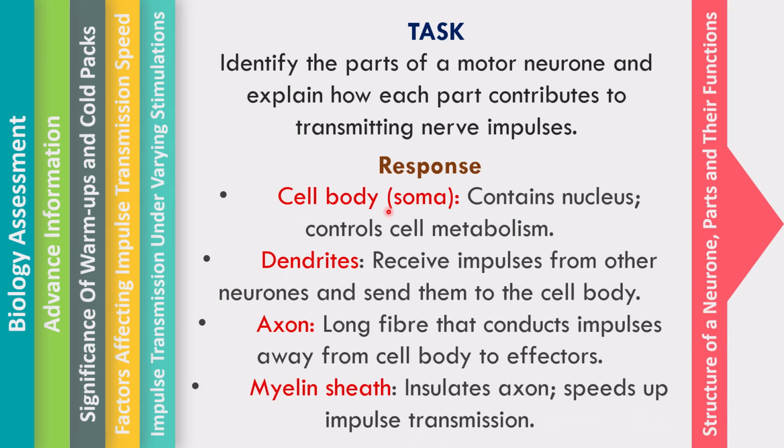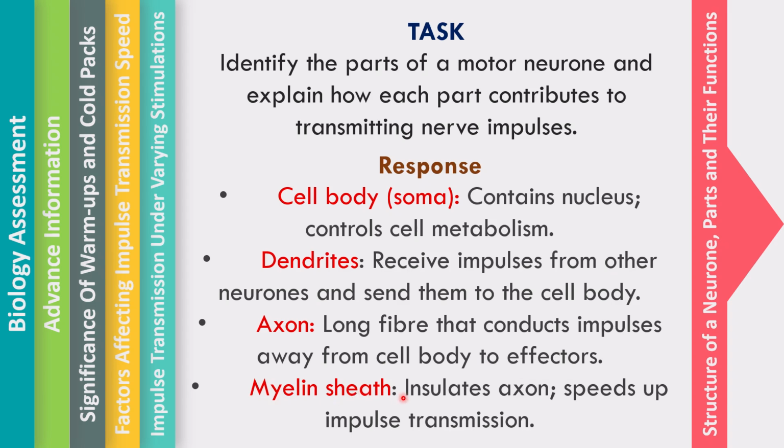Cell body, soma, contains the nucleus, controls cell metabolism. Dendrites receive impulses from other neurons and send them to the cell body. Axon, long fiber that conducts impulses away from the cell body to effectors.